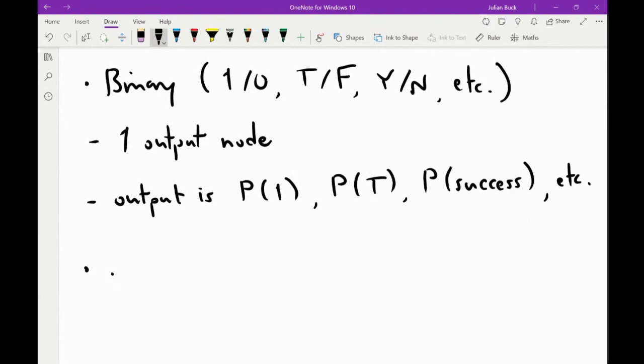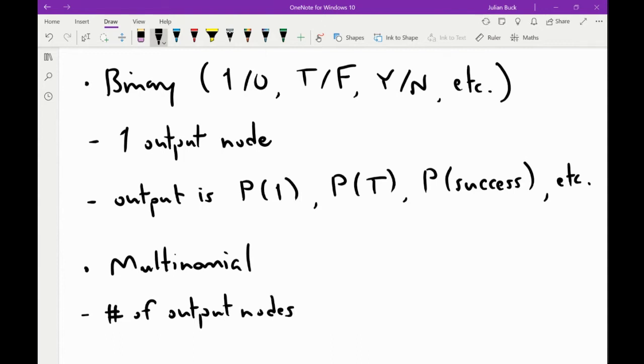Now for multinomial, the number of output nodes has to equal the number of classes being predicted.